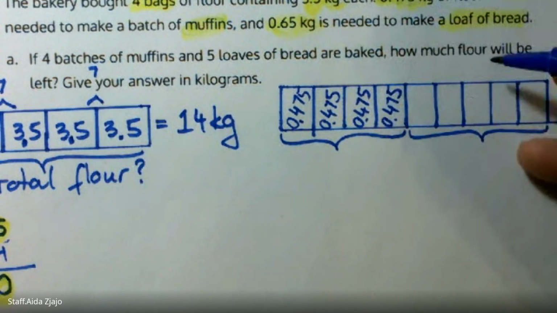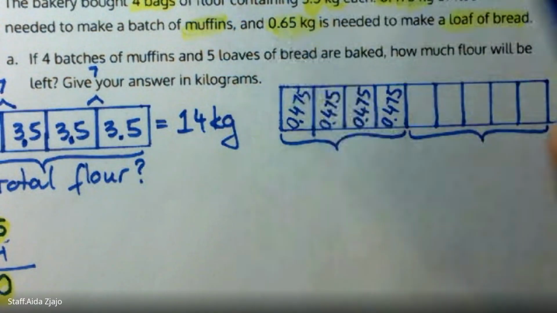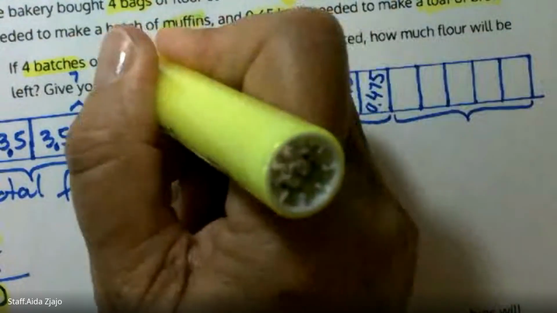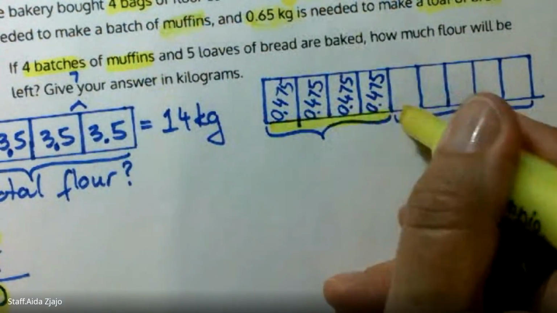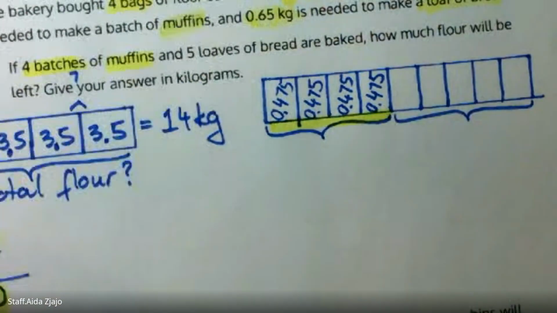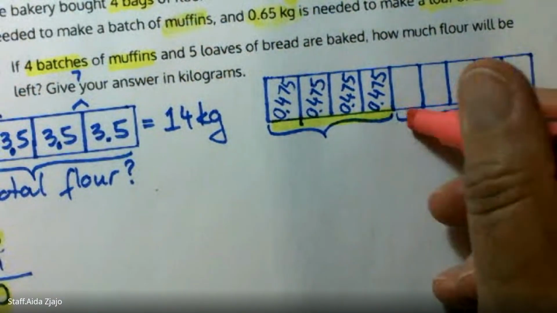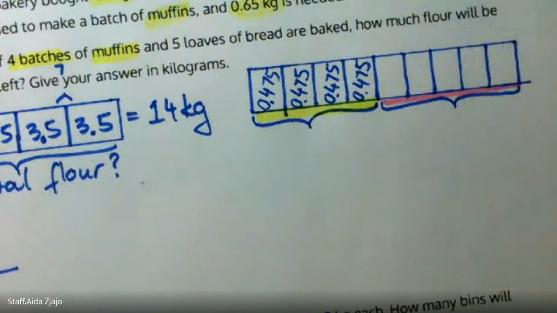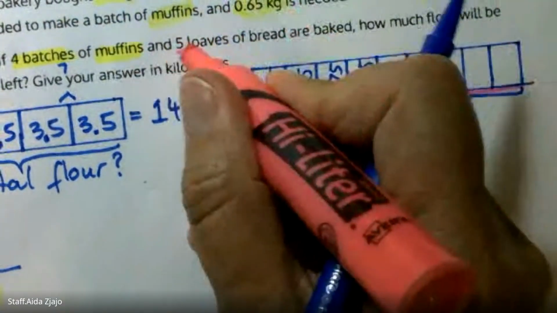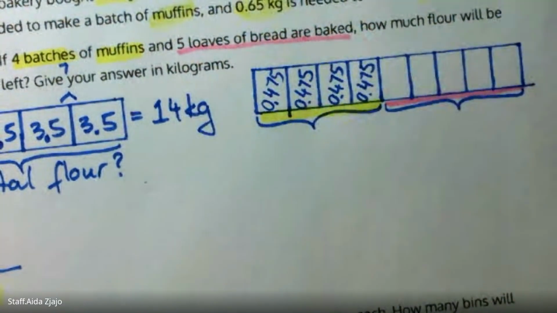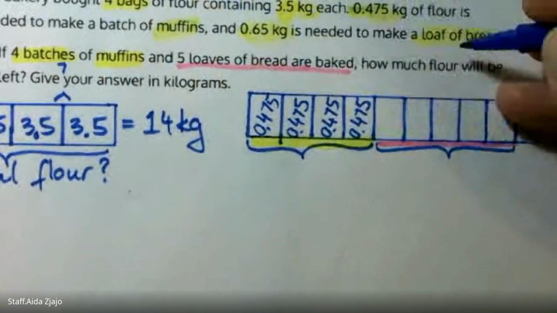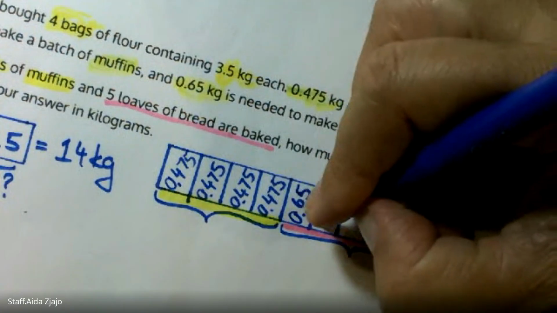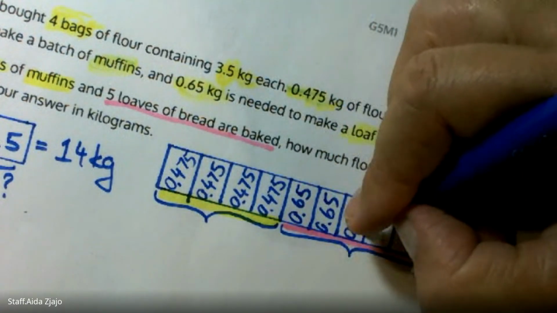So 4 batches of muffins is this, and then 5 loaves of bread will be this here. Bread is 0.65 each.